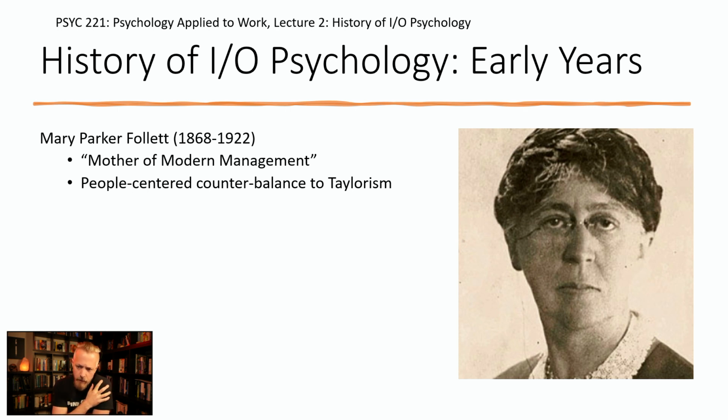Mary Follett looked at more of the O than the I, more of the organization side and less of the industrial side, which is really the human side versus the regimented efficiency side. The I in industrial and organizational psychology is often the psychometric part, the testing part, the specific processes that are optimal in the workplace.